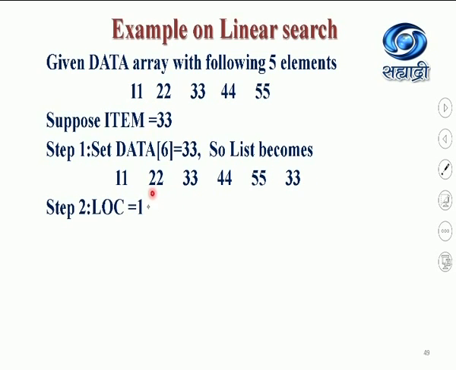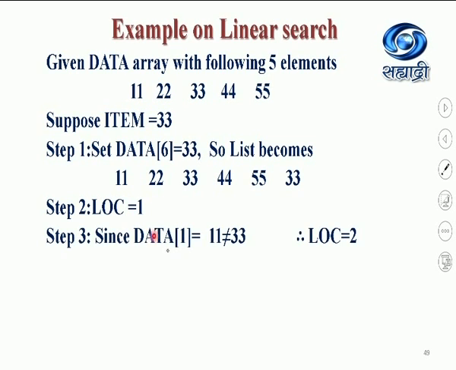We will start the comparison process from the first element. Therefore, LOC is equal to 1. We compare element 33 with the first element 11. Since data of 1 contains element 11, and 11 is not equal to 33, go for the next location. Therefore, LOC is equal to 2.